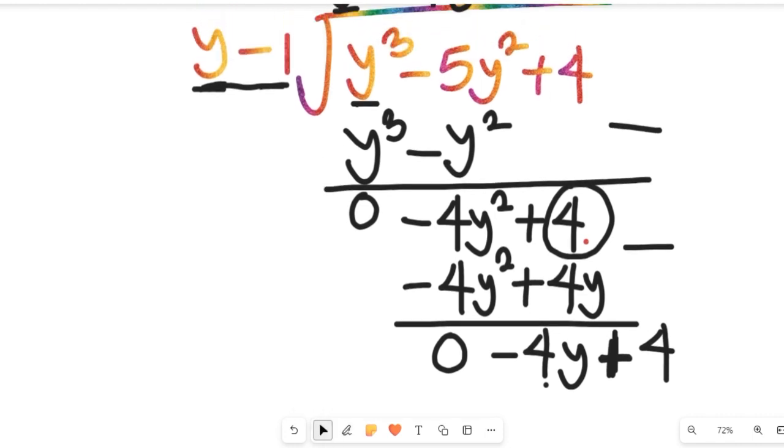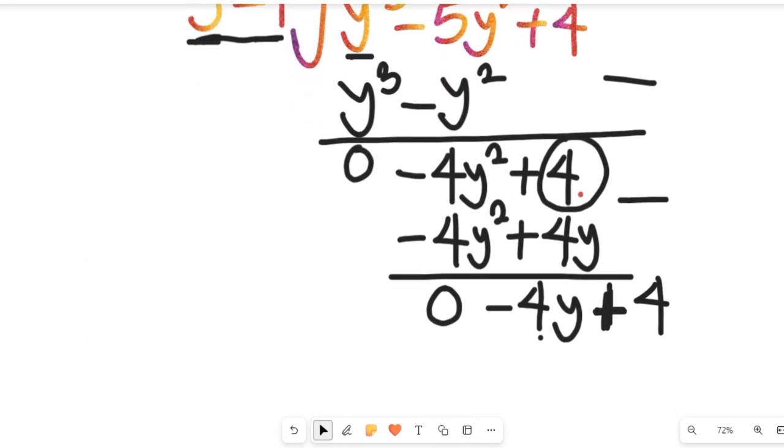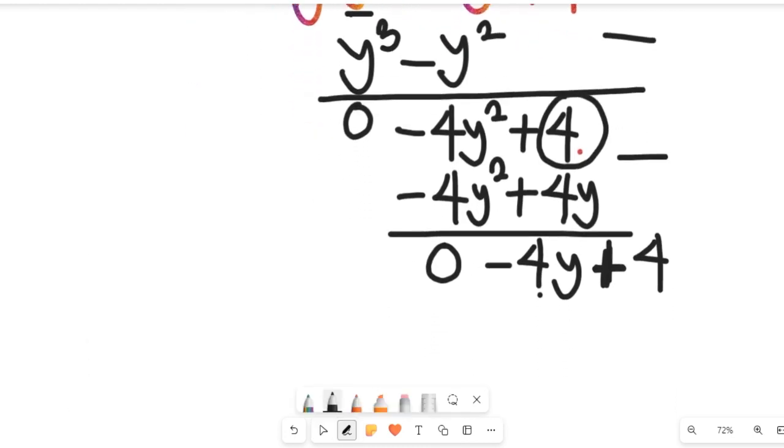So minus 4y divided by y is going to give us minus 4, right? And minus 4 times y is going to give us negative 4y, right?